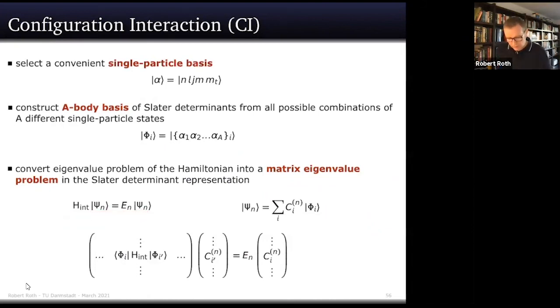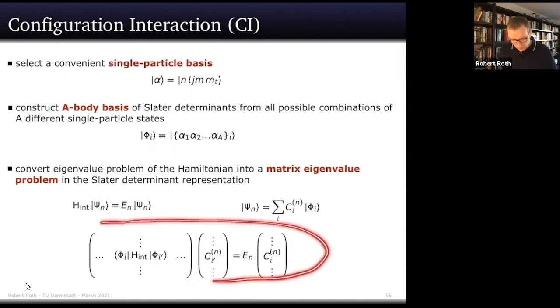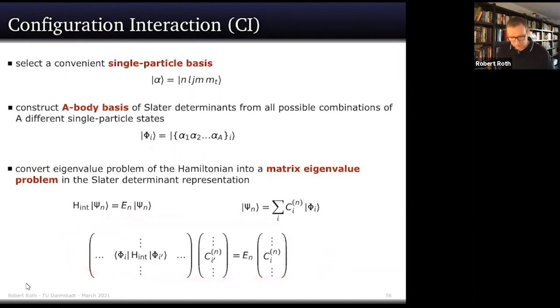You expand your eigenstates in this basis, which I call phi I here, and you rewrite your full eigenvalue problem as this matrix eigenvalue problem. Exactly what we did twice already for the deuteron calculation and for the three-body calculation in the context of the SRG. It's a kind of prototypical CI calculation.